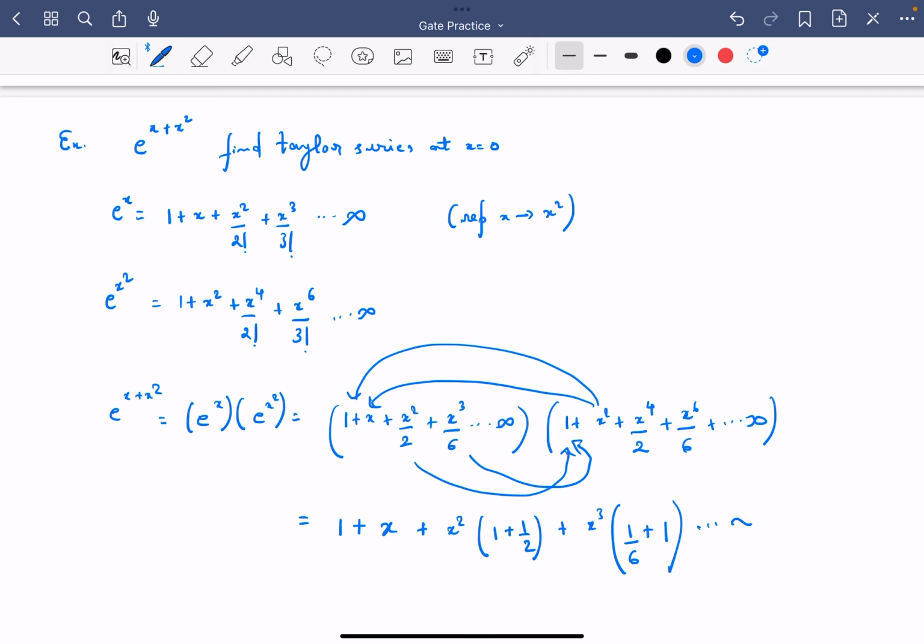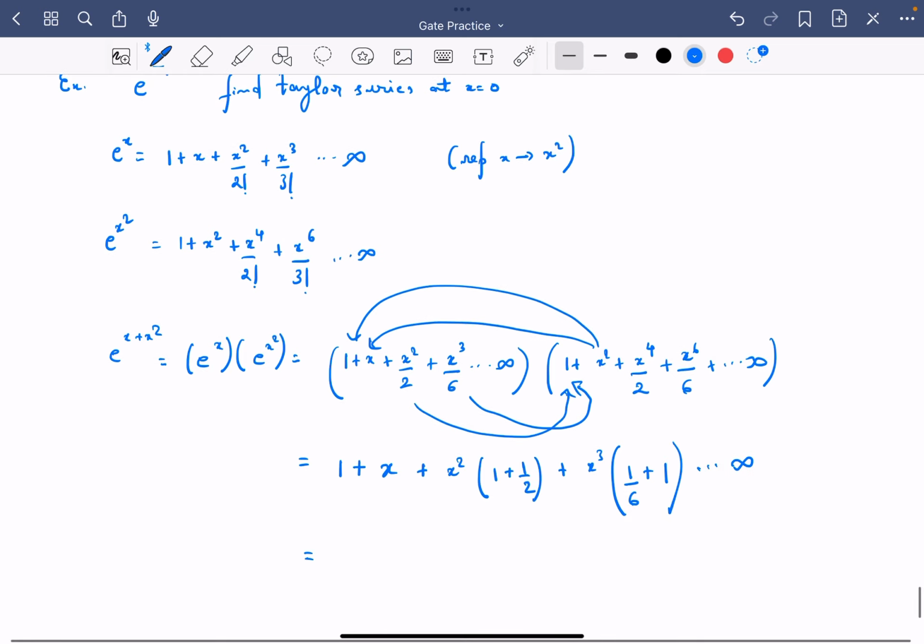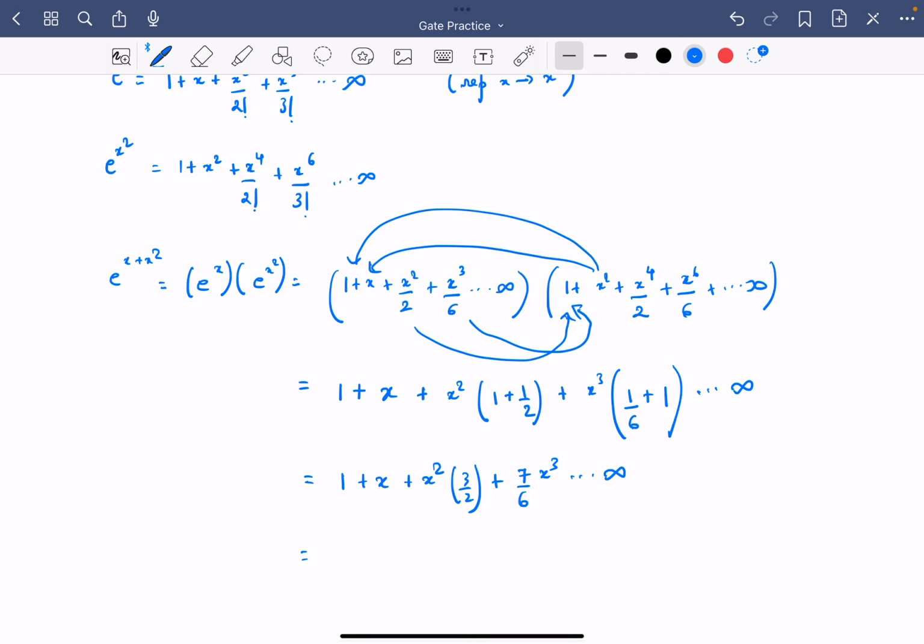So on till infinite. So this is equal to 1 plus x square into 3 by 2 plus 7 by 6 x cube, so on till infinite. This is equal to 1 plus x plus 3 by 2 x square plus 7 by 6 x cube, so on till infinite. All terms of x will be there.